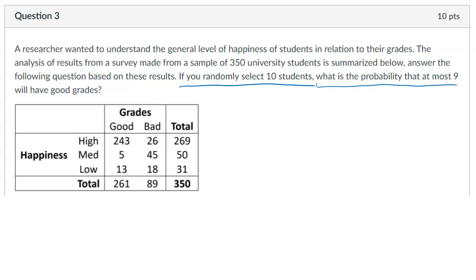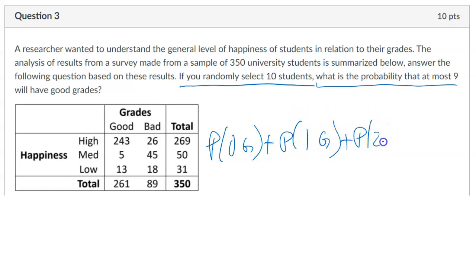Plus the probability of 1 with good grades, plus the probability, and I am pretty tired of writing this, okay? So that's one way of thinking about it, but I hope you guess that will not be the right approach to be able to do this in a timely manner.